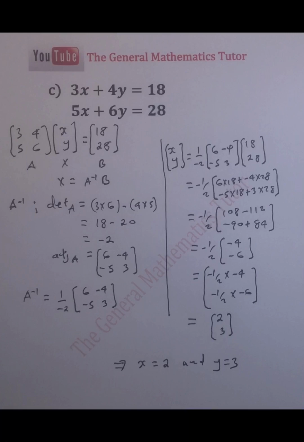The next thing is just to obtain the adjoint of A, which is obtained by switching the main diagonal and changing the signs of the other diagonal. So we'll have negative 2, negative 1, negative 3, and 2. So from there we can obtain the inverse of A by multiplying by 1 over negative 7 times negative 2, negative 1, negative 3, 2. So that is the inverse of A.